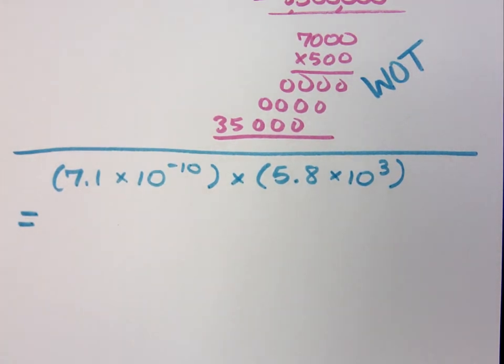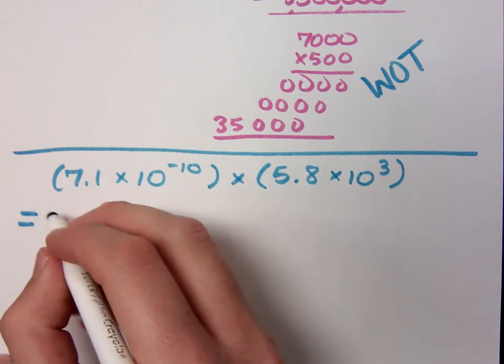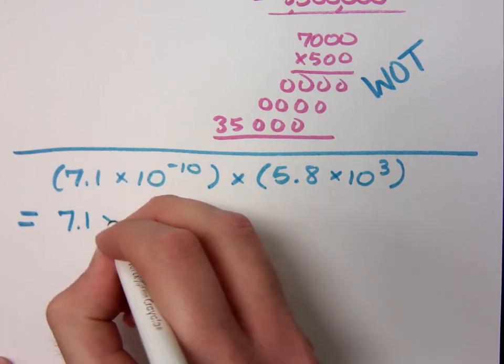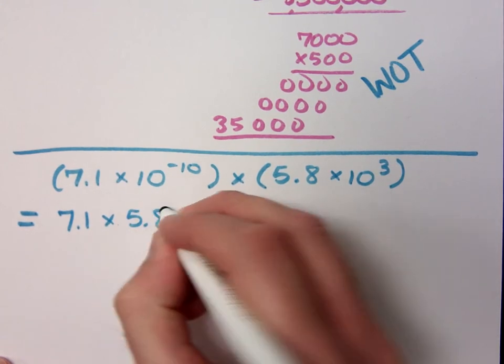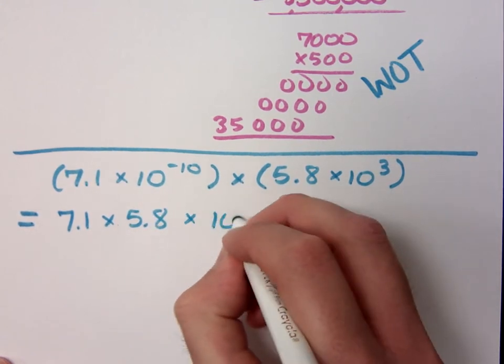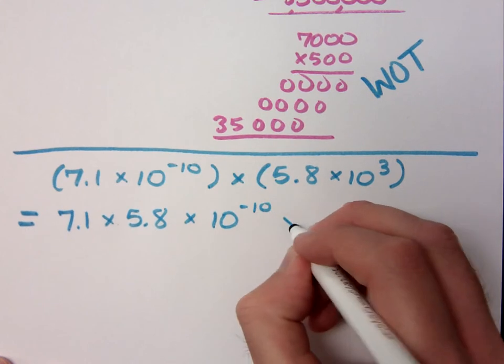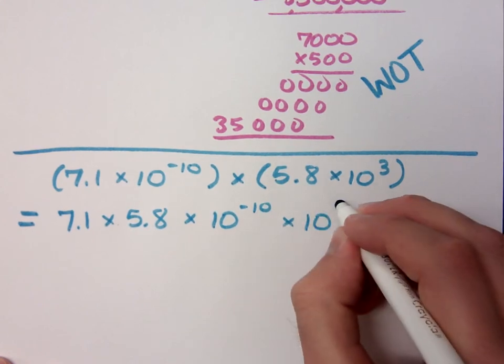Now, according to what I did in the last problem, how can I rearrange this so that it's more useful to me? You multiply 7.1 times 5.8, and then you just have your powers of 10 at the end, right? 10 to the negative 10th, and then 10 to the third.